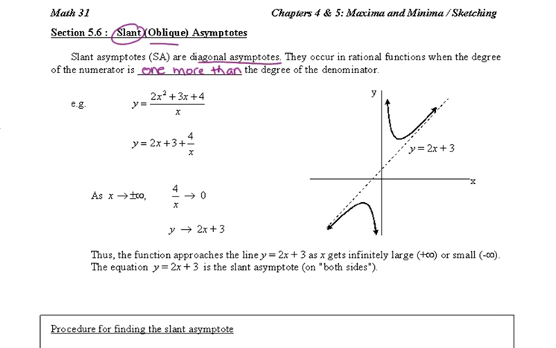All right, so how are we going to prove what the slant asymptote is? We're going to rewrite this. Notice how the degree on top is 1 more than the degree on the bottom. So is this a slant asymptote? Yes, unless it was a situation where you can't have an x value that would make the denominator 0, like x squared plus 1 on the bottom.